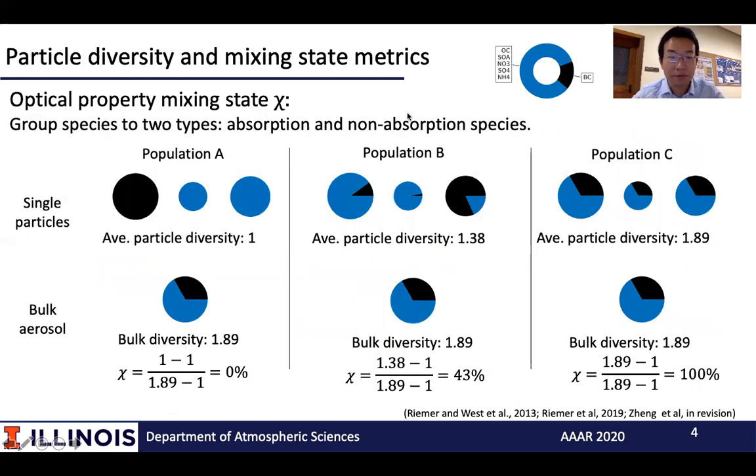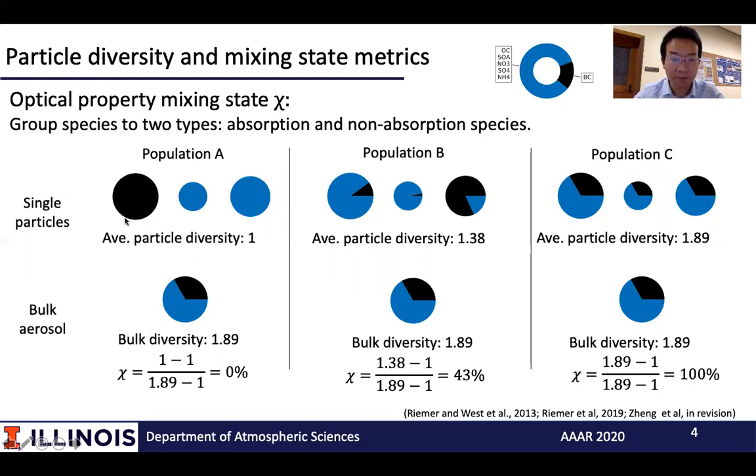In order to solve this, we use the mixing state metric chi developed by Professor Riemer and West in 2013. We group the species into two large groups, non-absorbing species and absorbing species. Chi is the ratio of the average particle diversity and bulk diversity. As we can see from these three populations, they have the same total species mass and the same bulk diversity, but the species distribute differently among the populations.